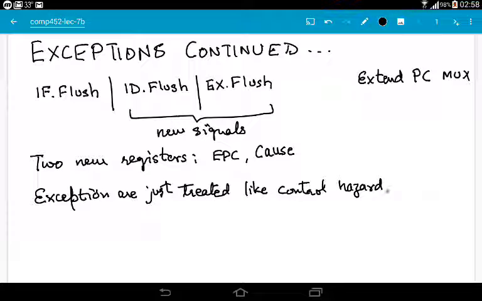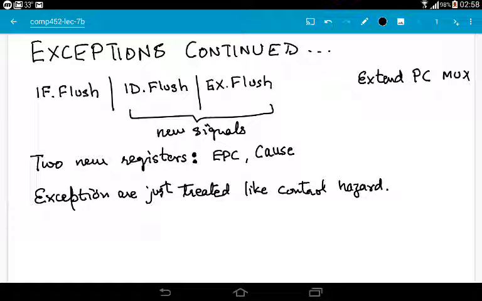Today we will see how all these signals are incorporated in our design, the pipeline data path and pipeline control.